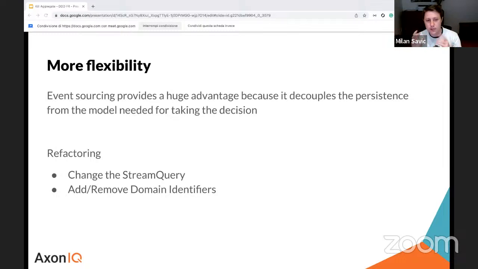So we are able to dynamically reconstruct our model. So when our model evolves, or maybe we made a mistake in our model, it is much easier now to refactor because we don't need to change almost anything in the storage mechanism, but rather in the decision maker, the handler itself.